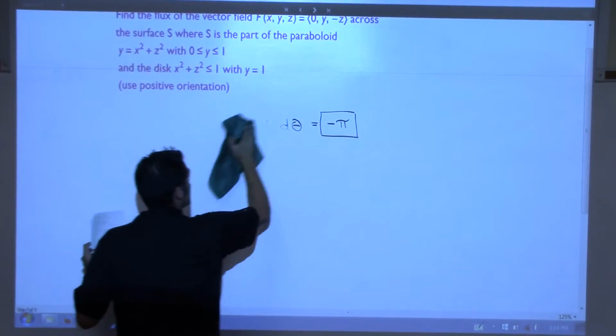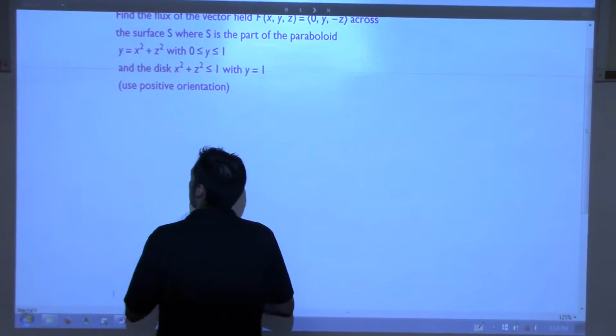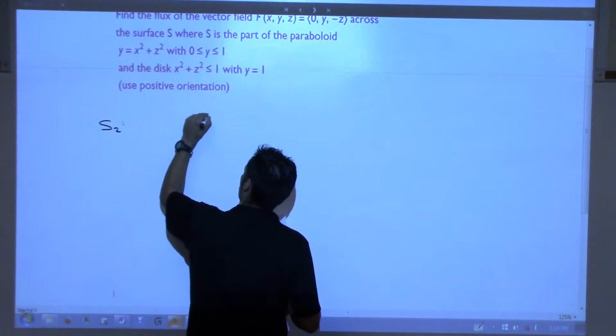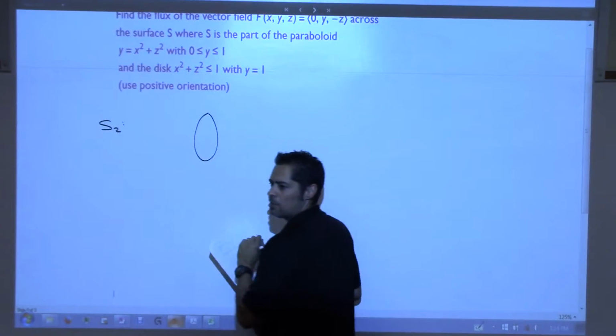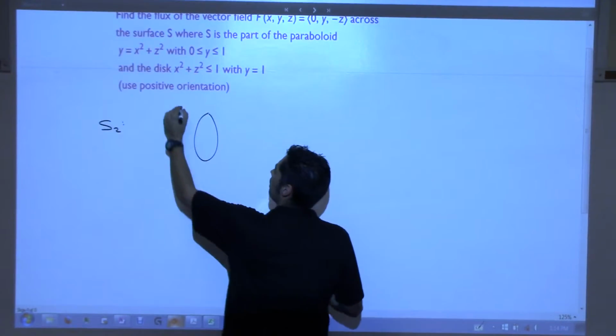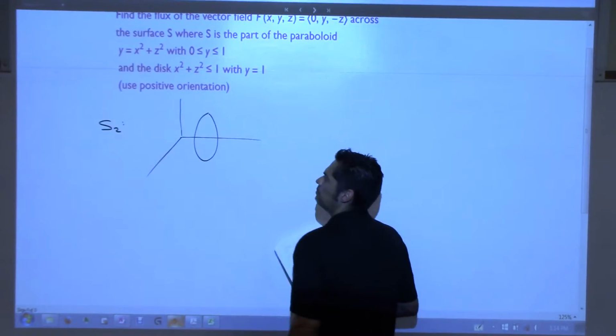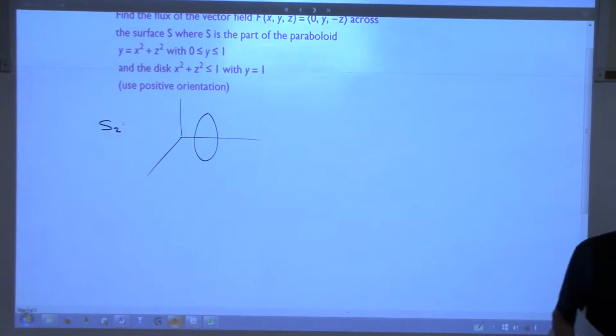Now for S2, we had just this part, right? It was that circle that capped off the paraboloid thing. It was like that piece right there.